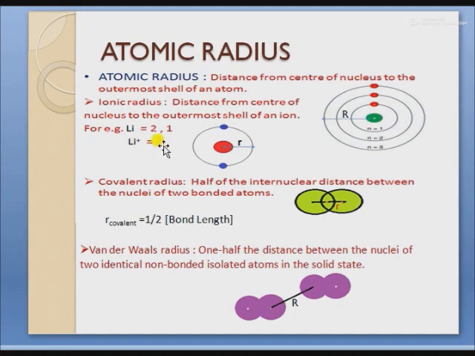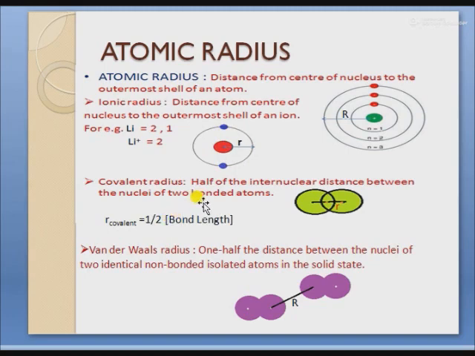It means it contains only one shell, which contains 2 electrons, and this is the representation of the lithium ion. The distance from the center of the nucleus of this ion to the outermost shell of the ion is called ionic radius.